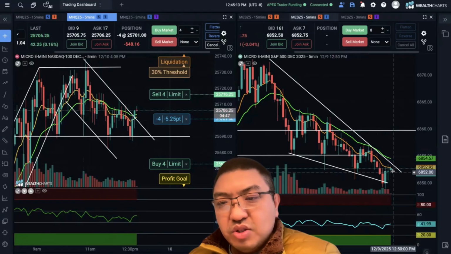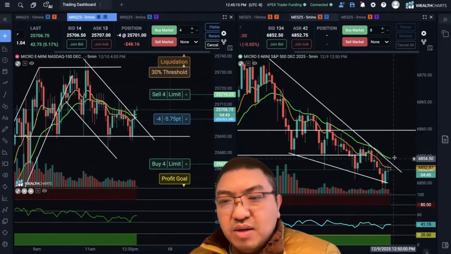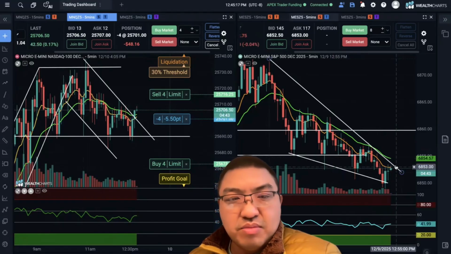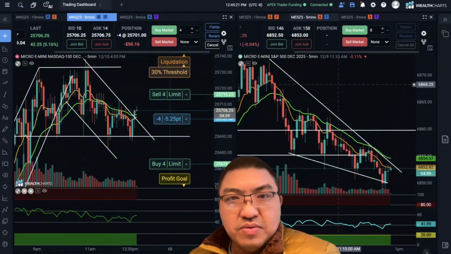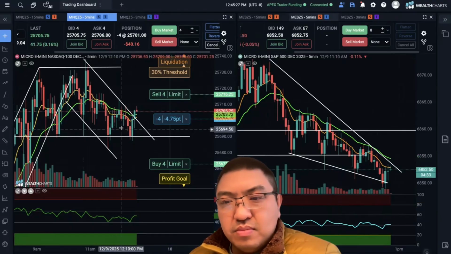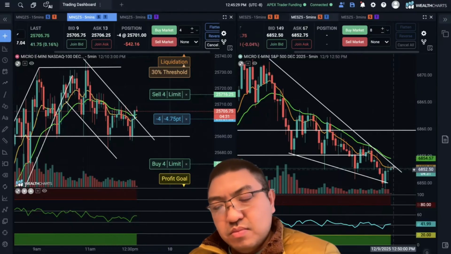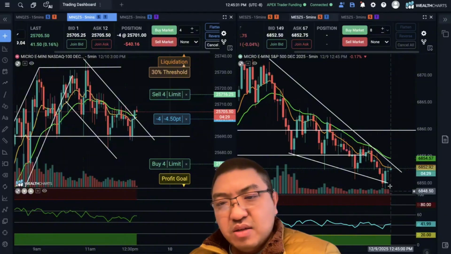This is consolidation, and it keeps moving up and see if it breaks the trend line. Again, defended by EMA 9.